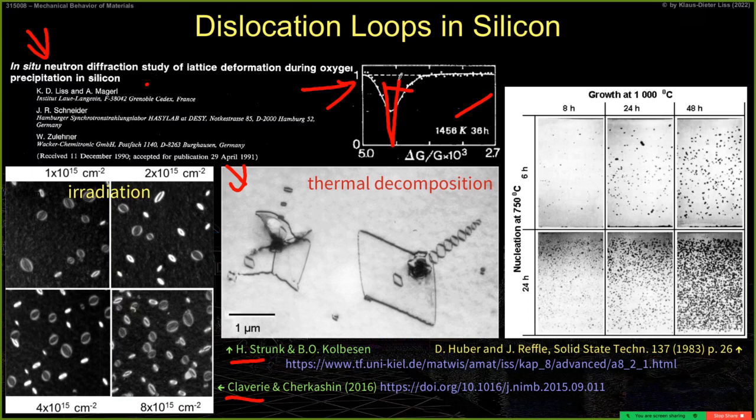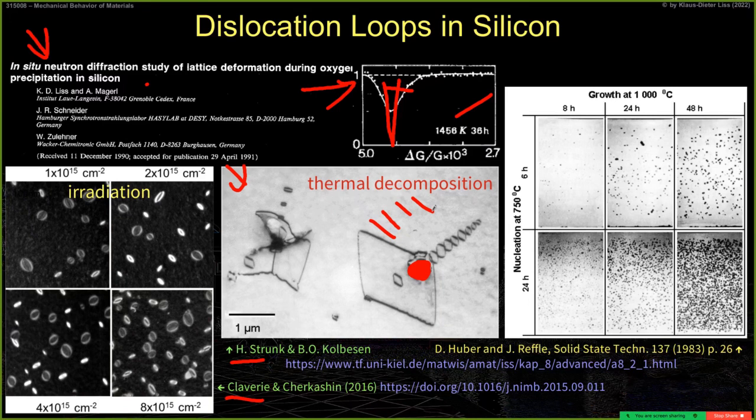And this is because we get precipitations of silicon oxide, and the silicon oxide takes more volume than the silicon which was at this position before. And therefore, it induces stress on the surrounding matrix. So on the matrix, we get stresses, including shear stresses.